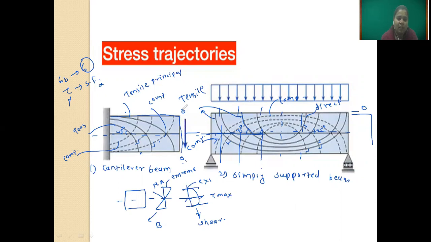Stress trajectories give the direction of principal stresses. They give only direction, and do not give the magnitude of principal stresses. So this is the theory related to stress trajectories. Now I will dictate, so please write down fast.